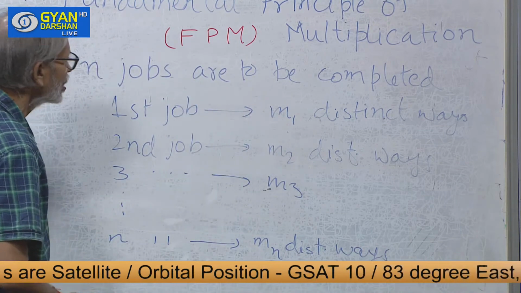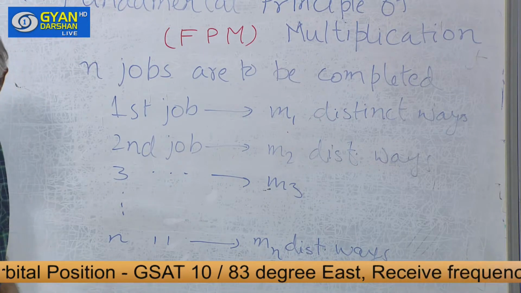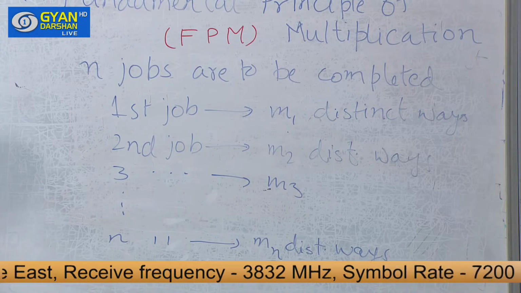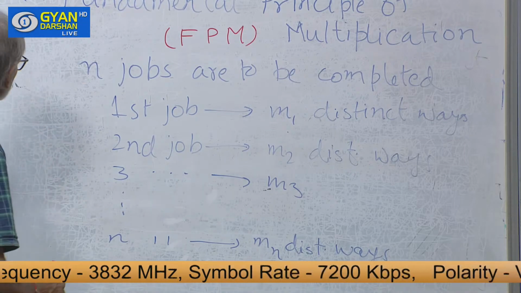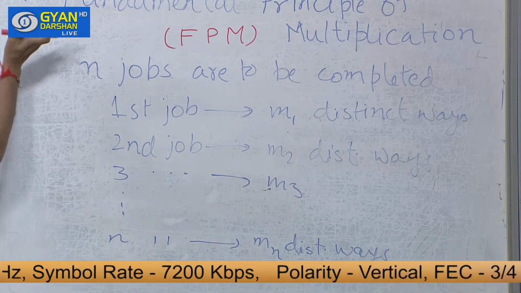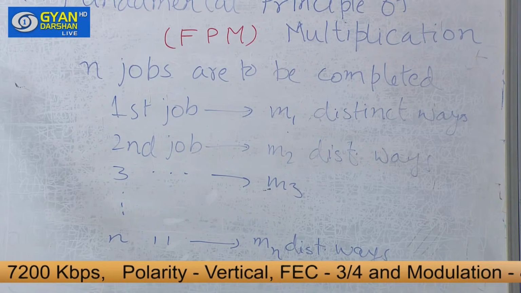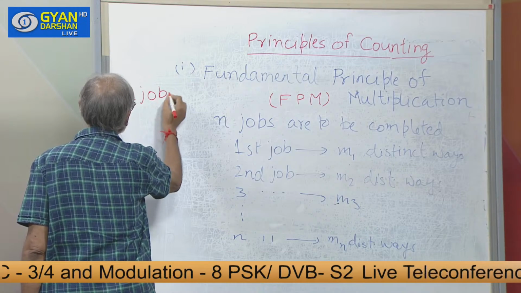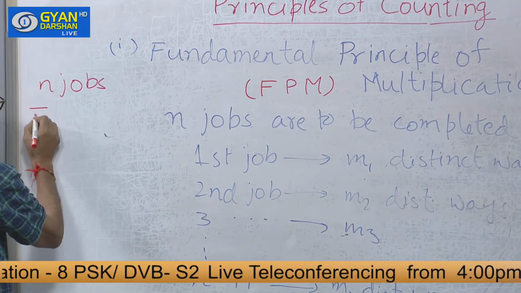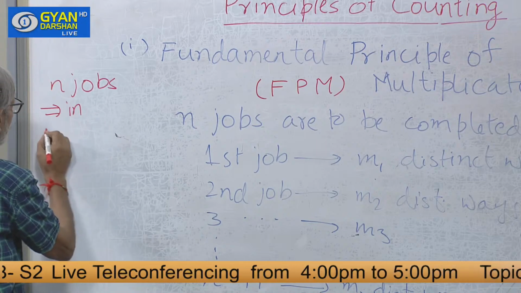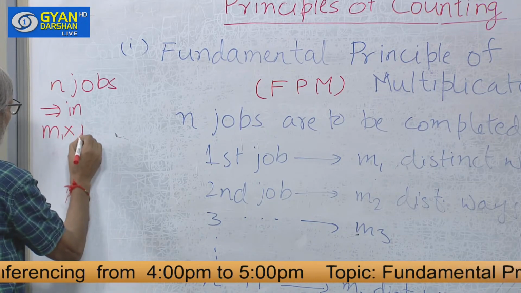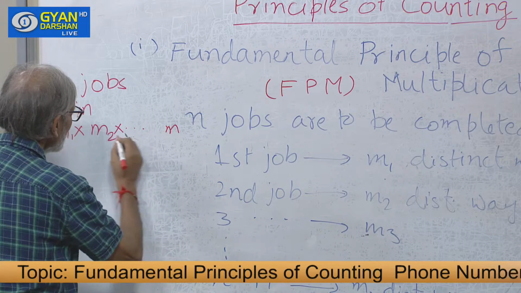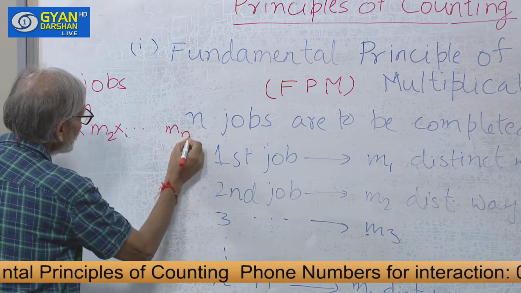So, if the question is in how many ways these n jobs can be completed, this fundamental principle says that these n jobs can be completed in M1 multiplied by M2 multiplied by M3, M4 till Mn.